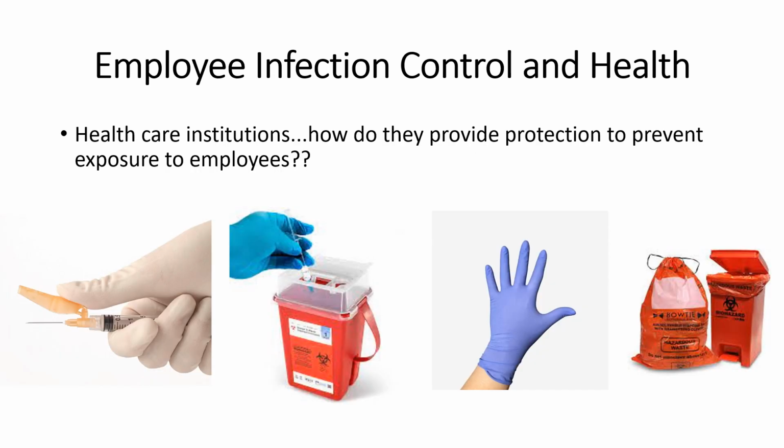So in hospitals or any healthcare facility, they really do their best. They try their best to provide their employees with protection from exposure. I know a lot of institutions now mandate vaccines, like the flu. We went through mandatory vaccines for COVID. Institutions provide needle safety, so they should always have sharps containers, especially in every room or wherever necessary that needles may be.